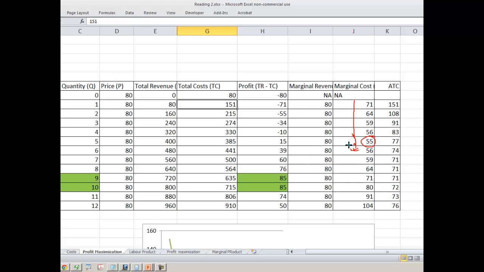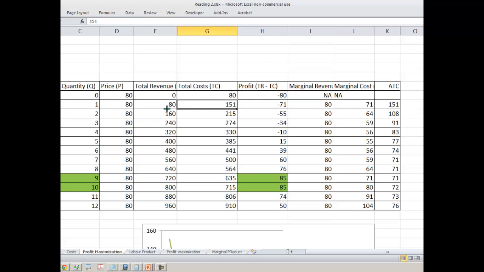So should we stop at the lowest marginal cost? No. If I stop at the lowest marginal cost, you will find that my profit is only 15. So how are we getting the profit? Profit is total revenue minus total cost. Total cost is fixed cost plus the variable cost, right? Initially your profit is negative 80, no revenue, 80 is the cost, so it is 0 minus 80.